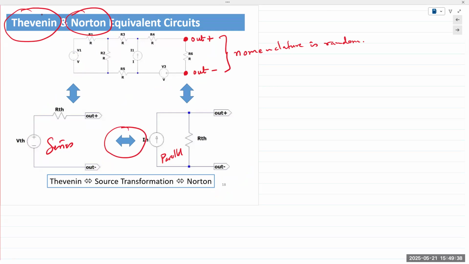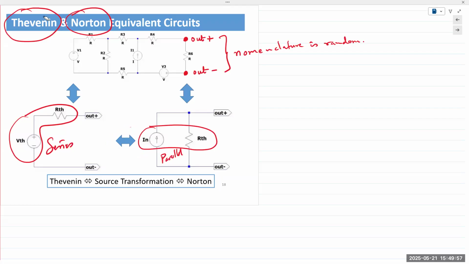And from there, we can introduce a concept known as source transformation. Source transformation simply means if you have a voltage source in series with a resistance, you can transform it into a current source in parallel with that same resistance. And the equation that governs it is, anyone? Ohm's law.